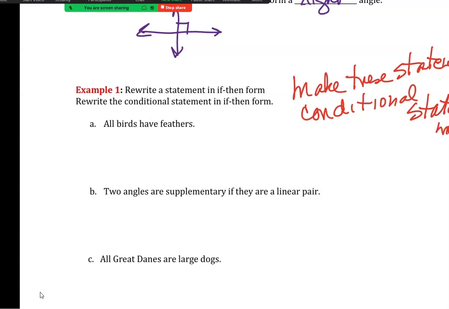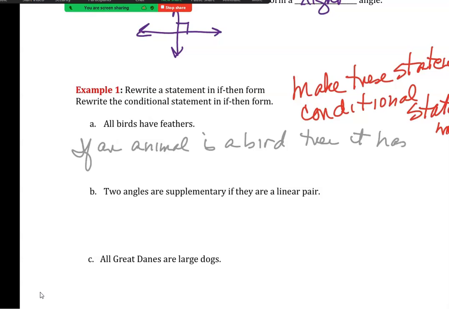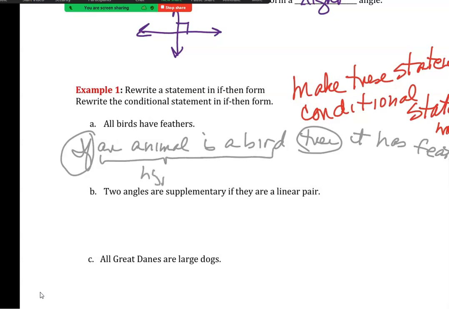That's a statement. So I could say, if an animal is a bird, then it has feathers. Okay, so I use my if and I use my then. This piece is the hypothesis, and this piece is the conclusion.